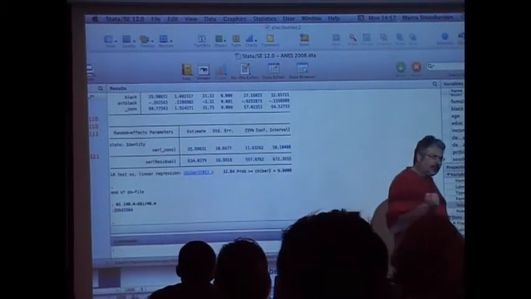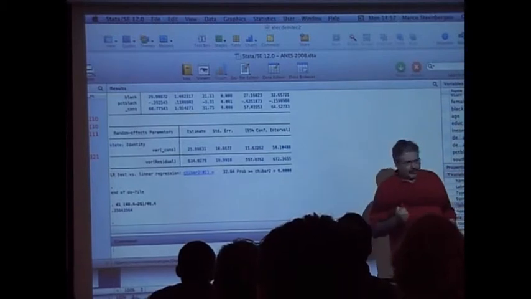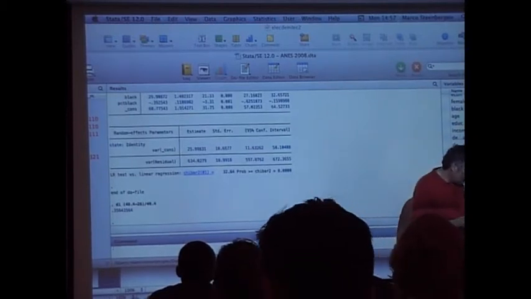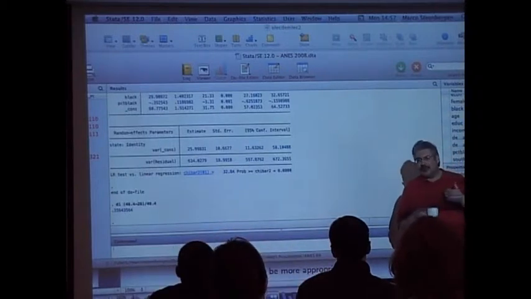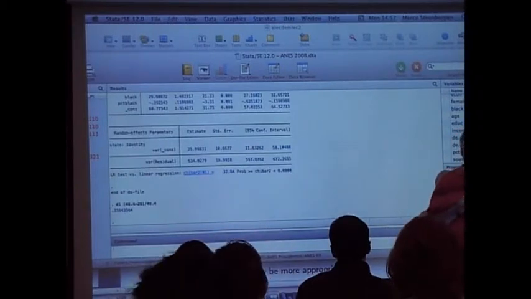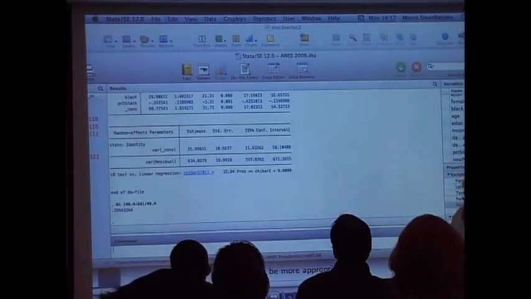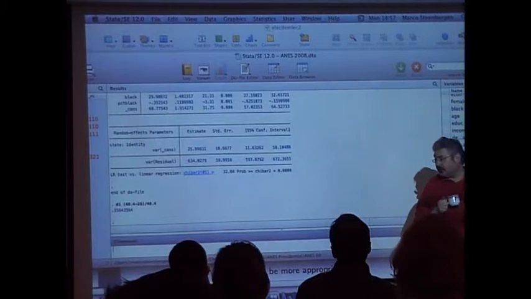The good news is these R squares tend to generally look better than the normal R squares. But they also convey some real information about how much you've actually explained by introducing the level 2 covariance.